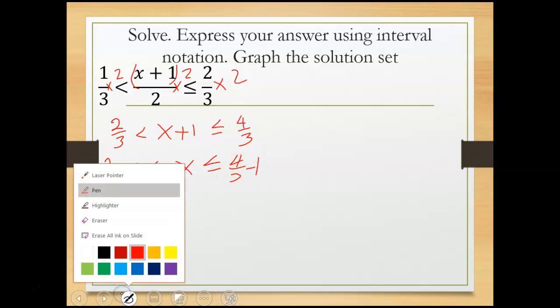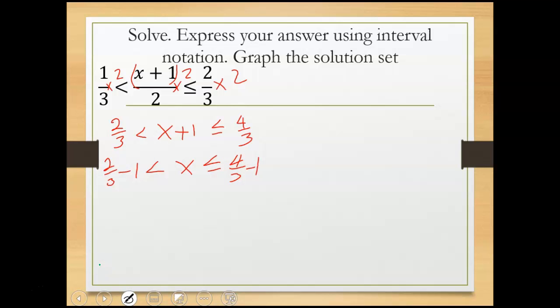So we're going to put those two terms together. We can make 1 become 3 over 3, because to subtract or add fractions, we have to have a common denominator. Anything over itself is 1. So we can replace that 1 with 3 over 3. Okay, and then we can subtract: 2 minus 3 is negative 1, so negative 1/3.